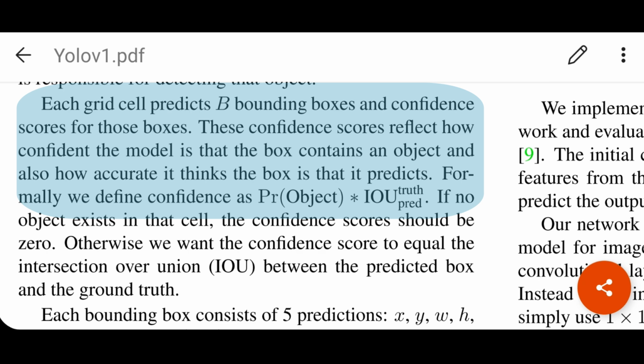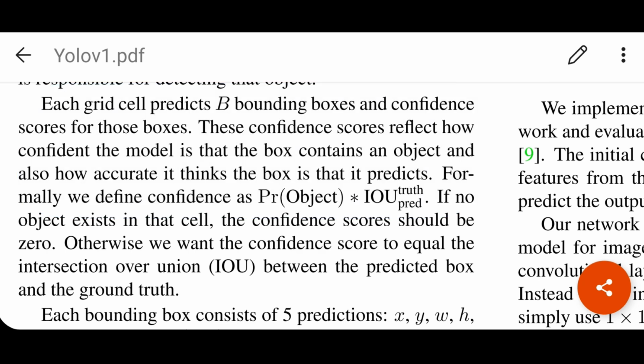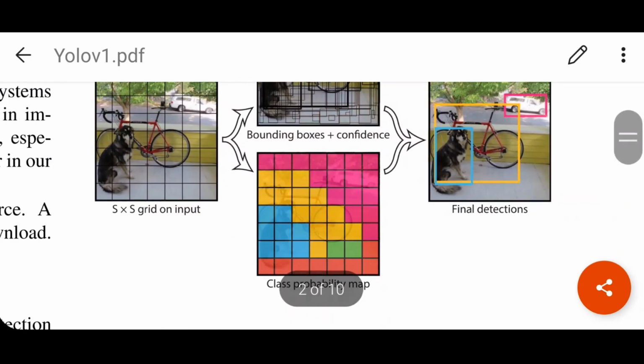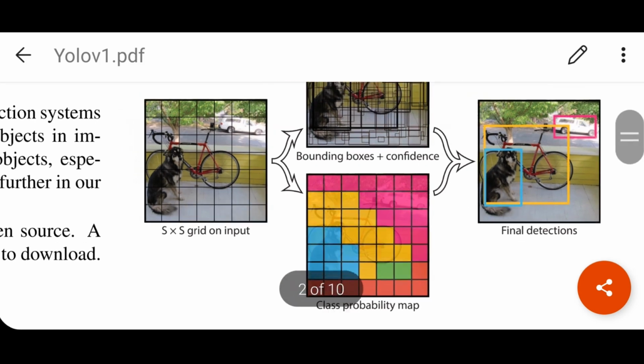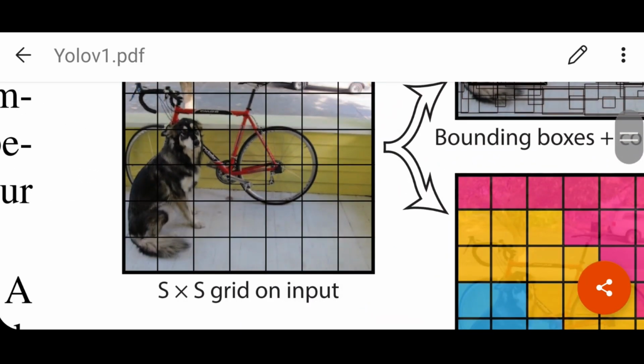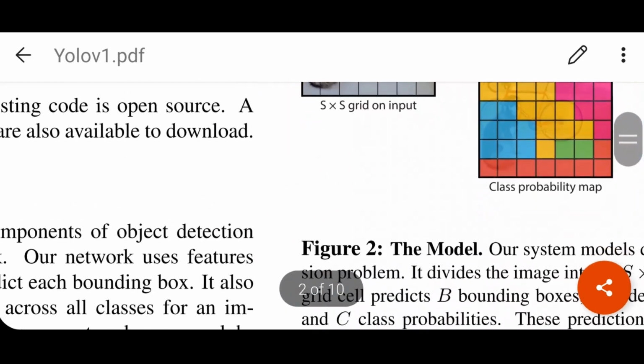It can be more, of course, but usually, maybe 99.9%, that grid will contain only two objects. As you can see here, some grids contain only one object, but some grids contain 2 objects, dog and bicycle.